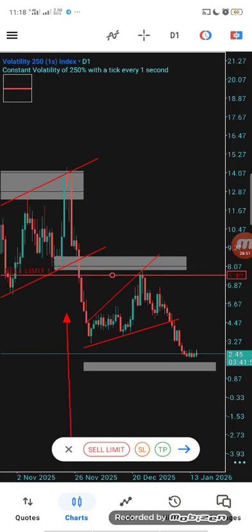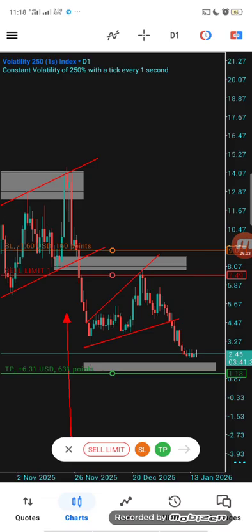A lot of orders around that region. Then your SL, you put just above that supply and demand zone, above like that. For your TP, you put around this. The risk to reward ratio is very good. You'd have a lot of money with just this risk to reward, depending on your lot size.